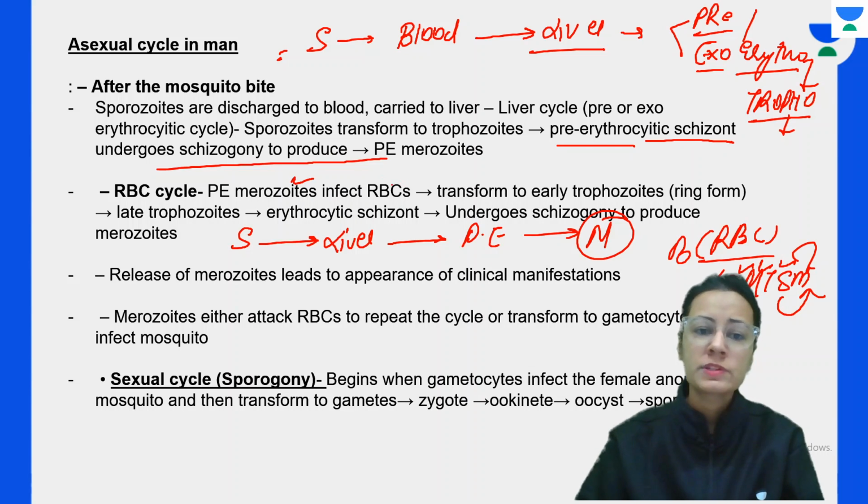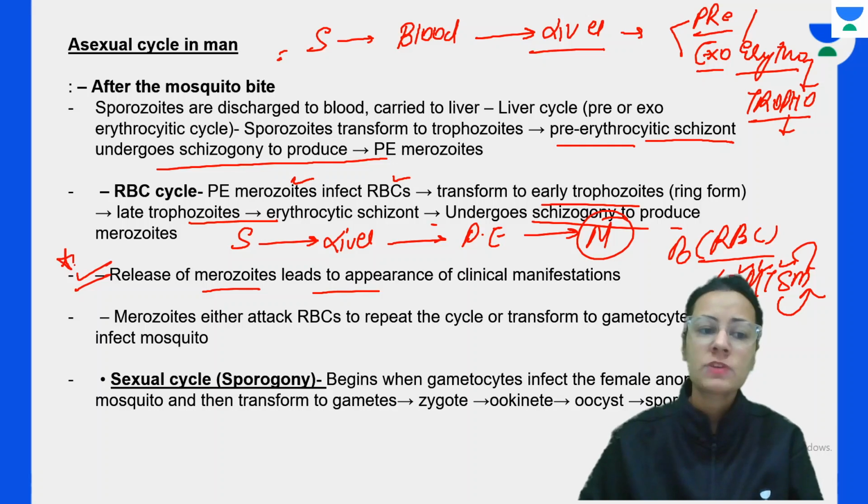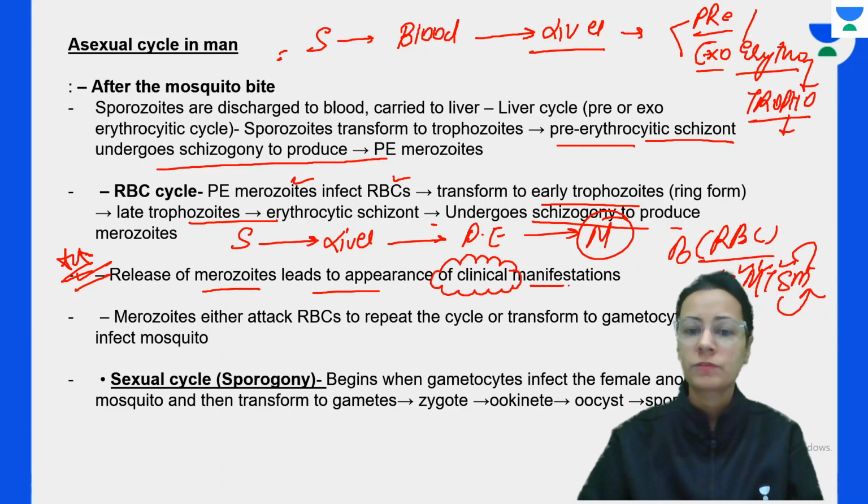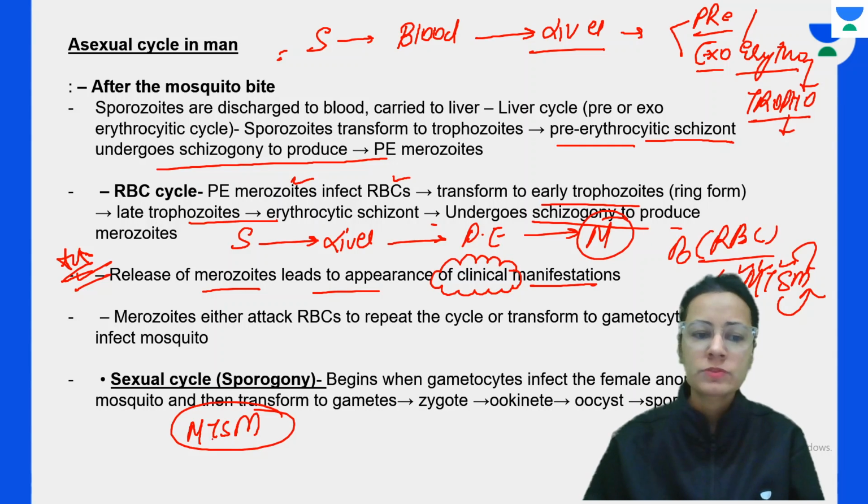So, merozoites infect the RBCs, transform to the early trophozoite, late trophozoite, and schizont, and undergo schizogony to produce merozoites. It is the release of the merozoites that is responsible for the appearance of the clinical manifestations of malaria. So remember, MTSM is easy to remember: from the liver, the merozoites in the blood will convert to trophozoites, early and late.